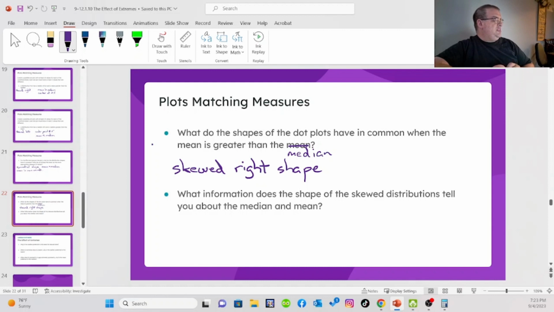What information does the shape of the skewed distribution tell you about the median and mean?